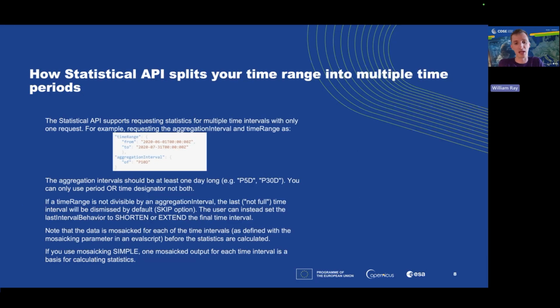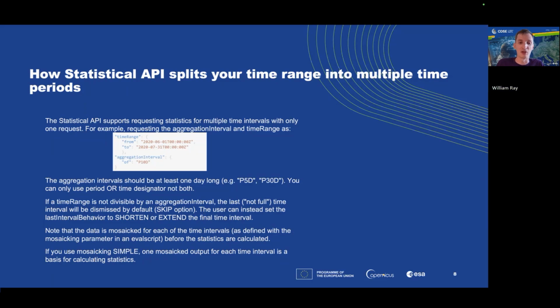So yeah, let's go back to this aggregation interval. And we're going to examine how Stat API splits your time range into multiple time periods. So in a single request, you can actually retrieve data from several dates at the same time. And this is defined through your aggregation interval.